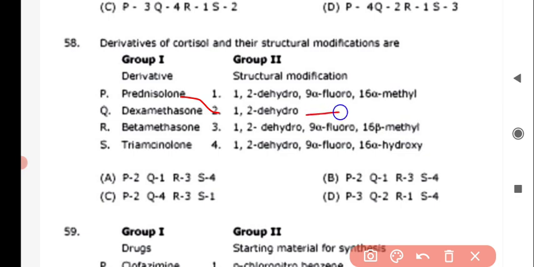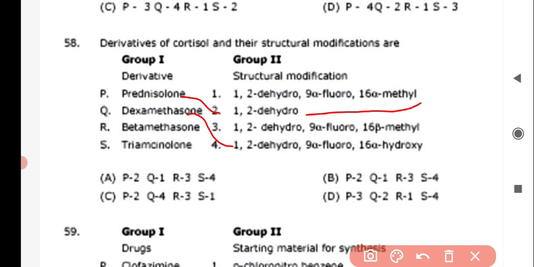Here the content is missing, so you can write here the 9-alpha fluoro 16-beta methyl. For the next derivative, that is dexamethasone, the correct answer is option number 4, that is 1,2-dihydro 9-alpha fluoro 16-alpha hydroxy.